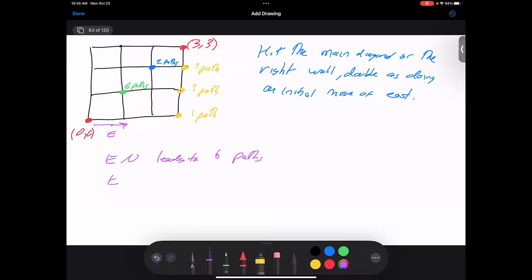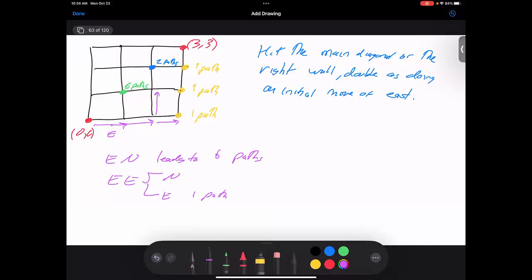What if I do east, east? So now I'm here. Well, then it splits, right? If the next one is north, I don't know yet. But if the next one is east, what do I know? 1 path. So if it's north, I now have 2 possibilities.